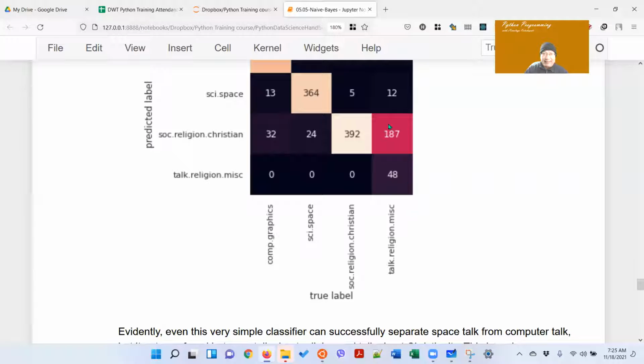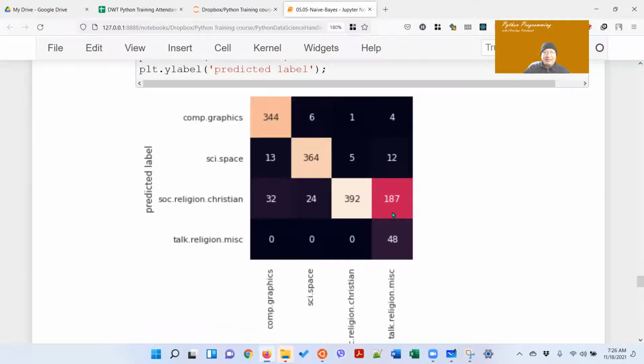What is the problem here? It incorrectly predicted many labels. Yeah, that's right. It incorrectly predicted 187 and only 48 are fine. That's a huge amount, a lot of data it misclassified. The true label is talk religion miscellaneous, but it predicted social religion Christian. It's not unexpected. It's hard for us humans too, and both Christianity and religion miscellaneous are religion. If even humans find it hard, machines also have a hard time, so we cannot blame it too much. Still not bad.